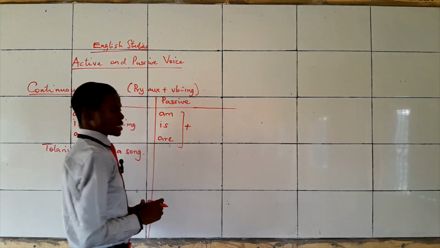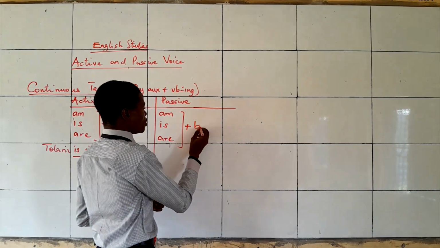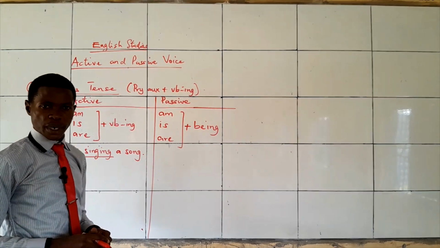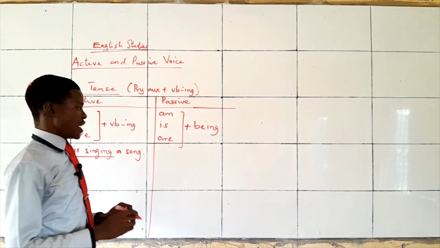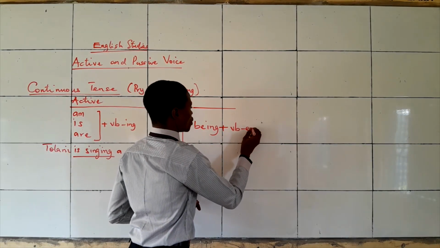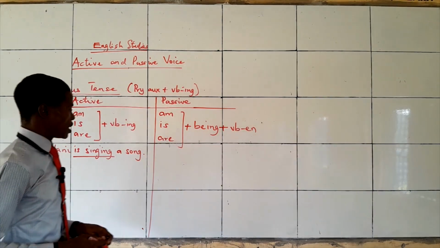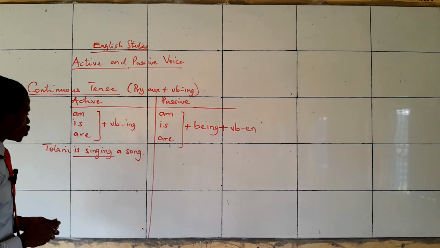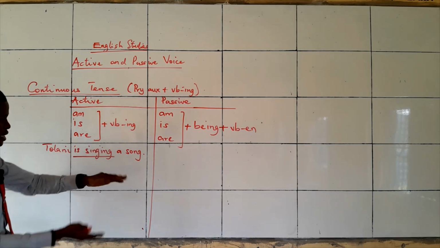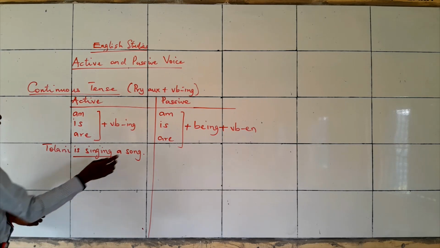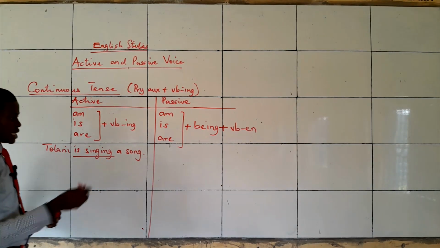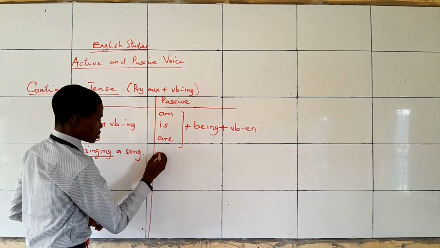What is that passive continuous? That would be B-E-I-N-G. You bring in being plus the past participle, verb en. Meaning that once you are going to do the first magic, the magic is alternating the object and subject. Now, the active object, bring it to the position of PS. Our PS will be a song.